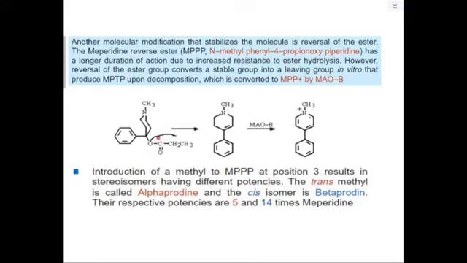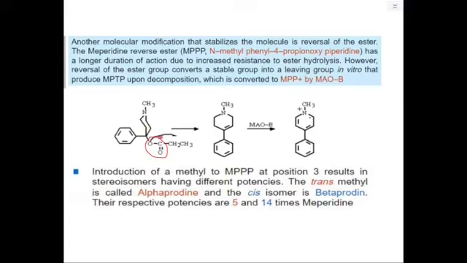It is a reverse ester because it is not like the normal ester which was found in meperidine. The ester found in meperidine when the molecule was synthesized was C double bond O. So when you have a reverse ester, and then you have a substitution at position 1, 2, 3, that is when, of course, you get the prodines.